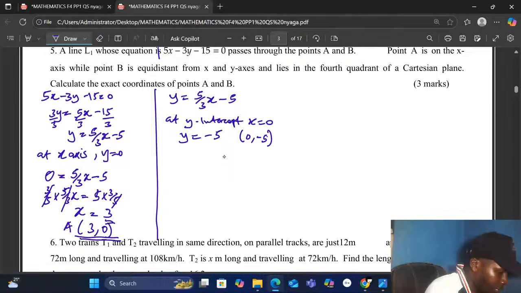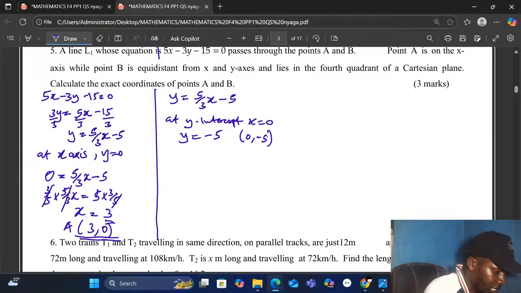Then you have (3, 0). Now, they are saying that point B is equidistant from the x and y axis. So this is x and y.